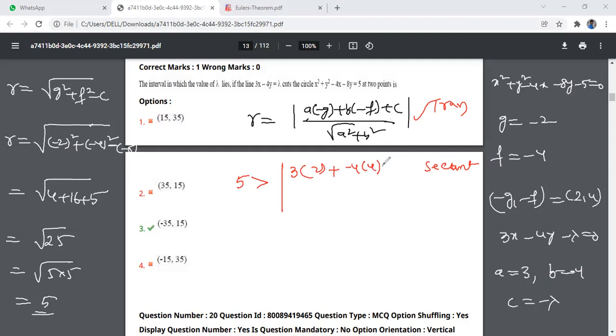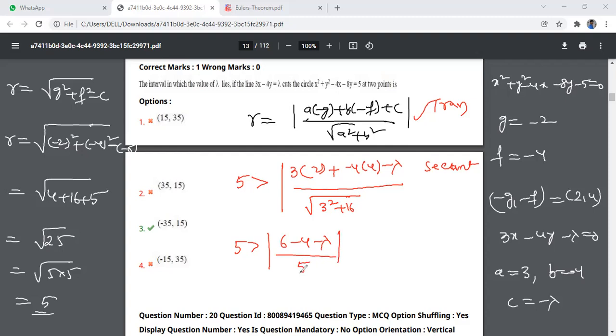Plus c means minus lambda, divided by the square root of a square plus b square. A square means 3 square, b square means 4 square, that is 16. So 5 is greater than the mod of 6 minus 4 minus lambda by 9 plus 16, that is 25.